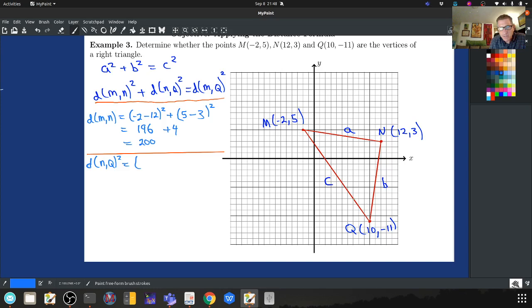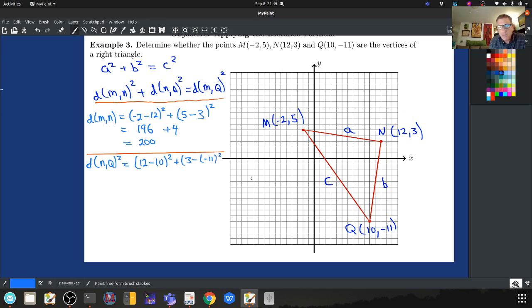Here's N and Q. So it's 12 minus 10, squared, there's my 12 and there's my 10, plus 3 minus a minus 11, squared.